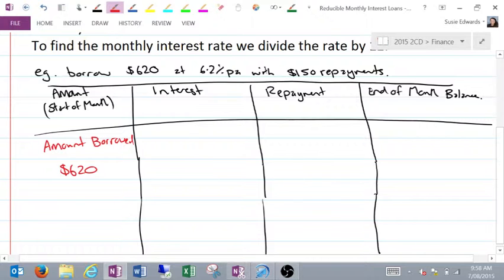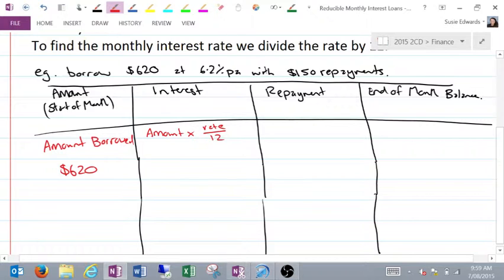How do you think I could find the interest on this in a month? Yeah, so that's the interest rate. But how much interest do we pay on the $620? That's what I'm trying to say. You're right. Good, so we're going to go our amount times by our rate divided by 12, which is what you said, the 6.2 divided by 12.